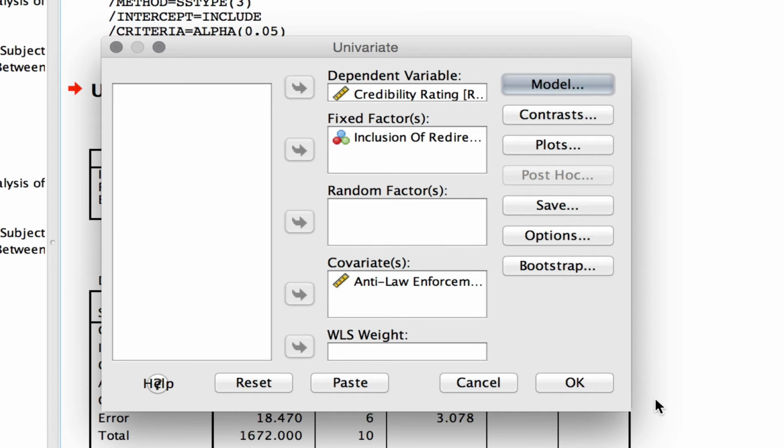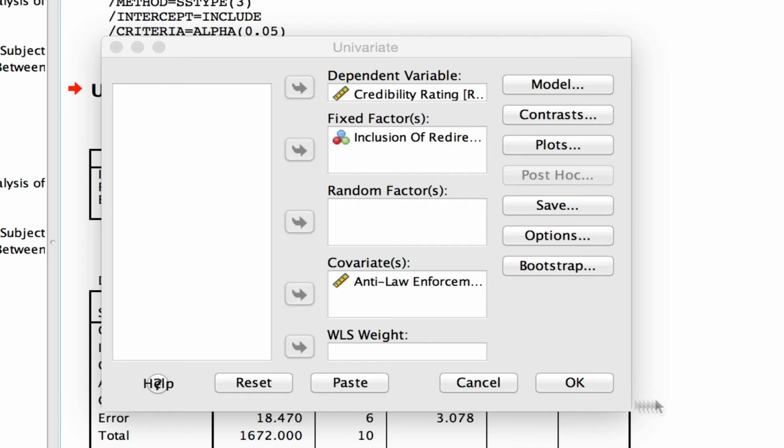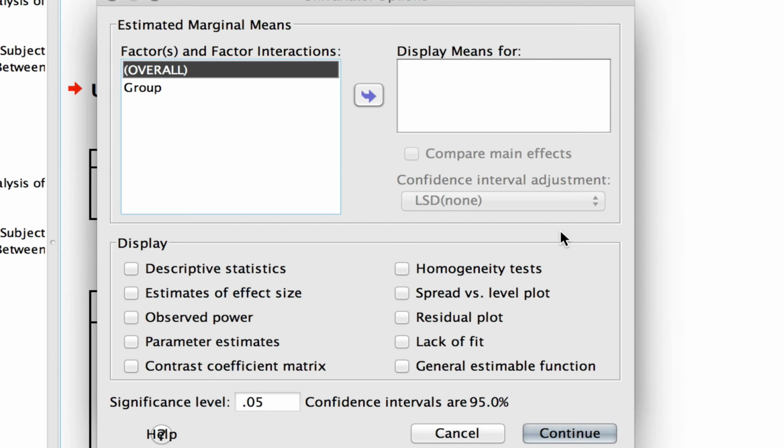And that'll give us an ANCOVA, but there are a couple of other things we want to be able to interpret our ANCOVA. We can get most of those from the options tab. First of all, we see this estimated marginal means option, and the estimated marginal means are the means that were estimated by the model.